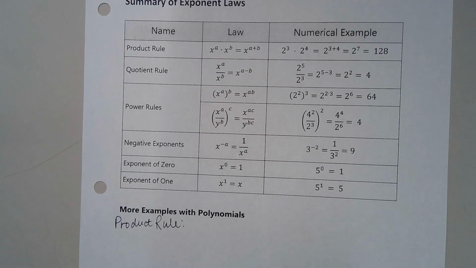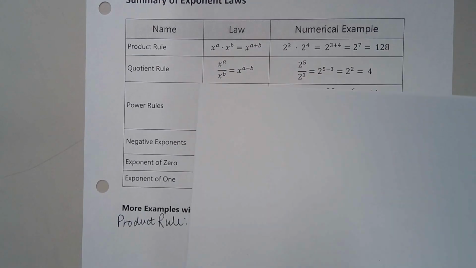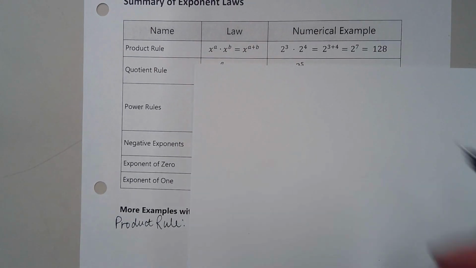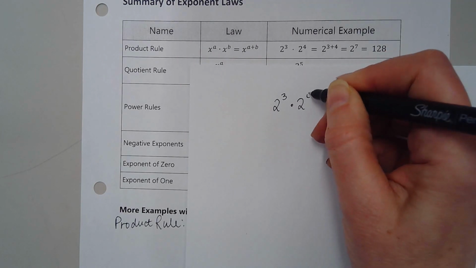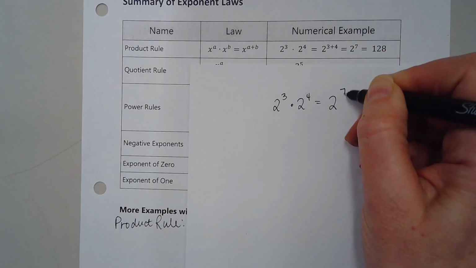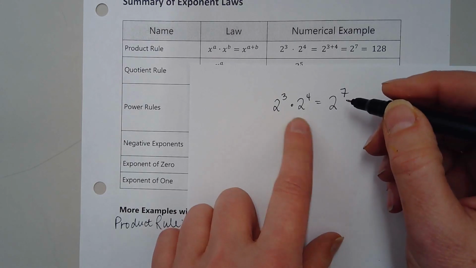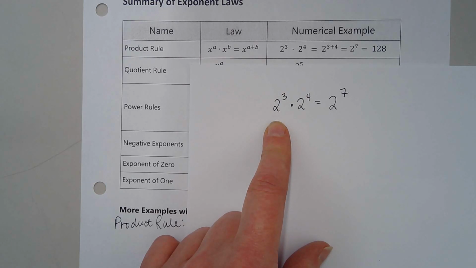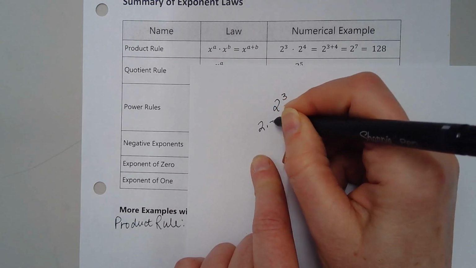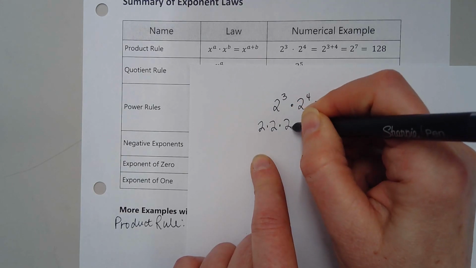So it shouldn't, because before we do another one, I just want to show you something. And you can do this yourself if you ever get stuck. Okay, we add the exponents when you're multiplying the same base. Because what does 2 to the power 3 really represent? 2 times 2 times 2, right?